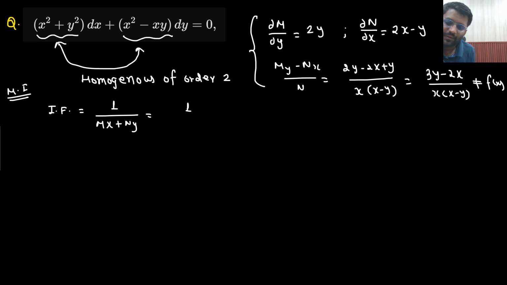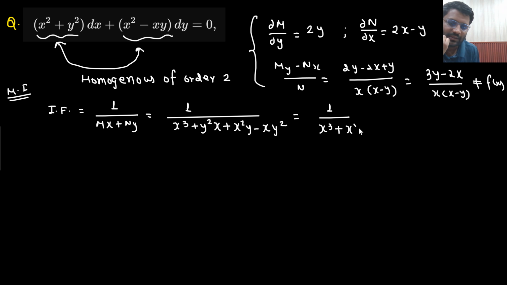So 1 upon M into x: x³ + y²x + x²y − xy². So what answer are we getting? 1/(x³ + y²x...), this is the integrating factor you are getting. So in the examination, they can ask this simple question: what is the integrating factor?